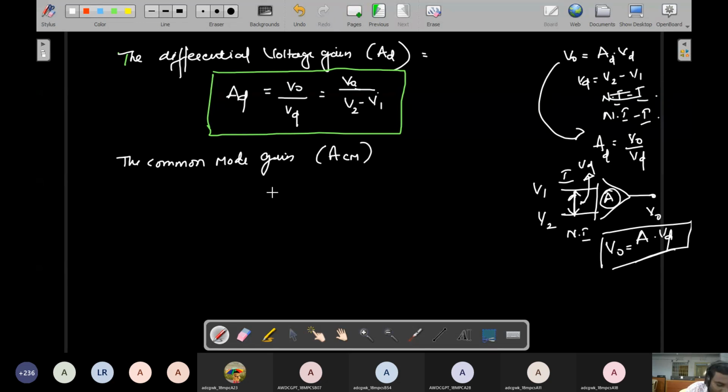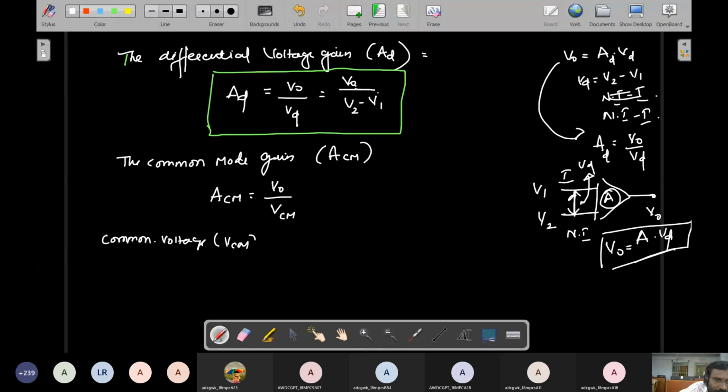It is the output divided by VCM, the same principle again repeated, but here VCM is the common voltage.